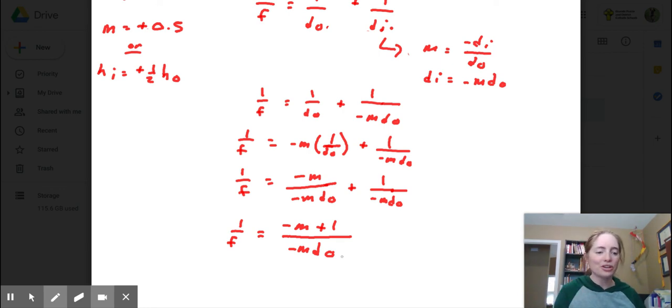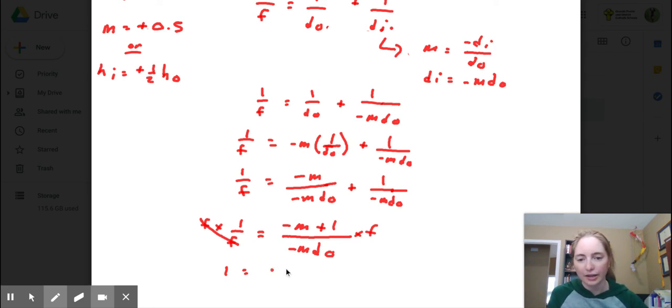So I'm going to rearrange this guy, and I'm going to multiply both sides by f to make this nice and linear. So 1 on this side is going to equal my negative m plus 1 times f divided by negative m do.